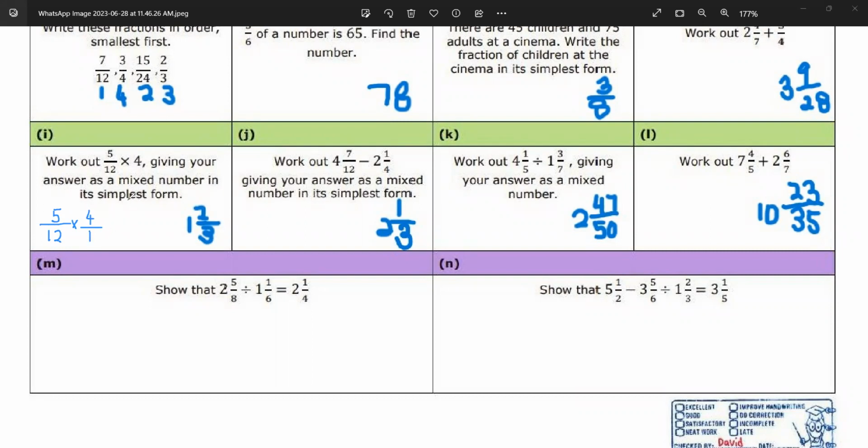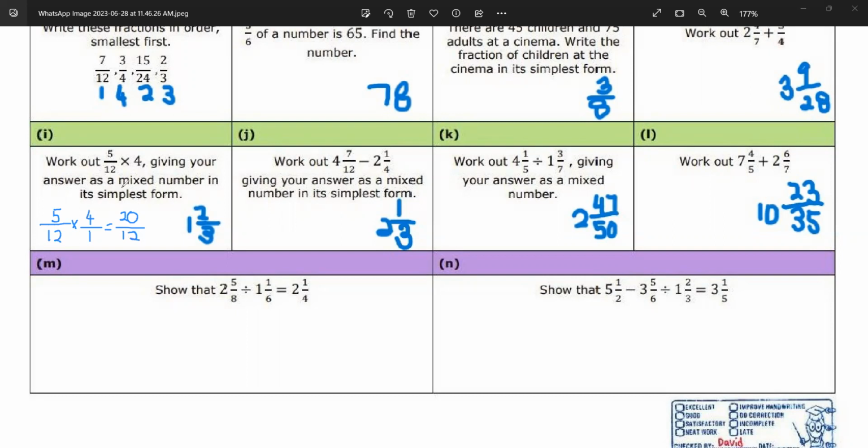So 5 times 4 will get 20, and 12 times 1 will get 12.